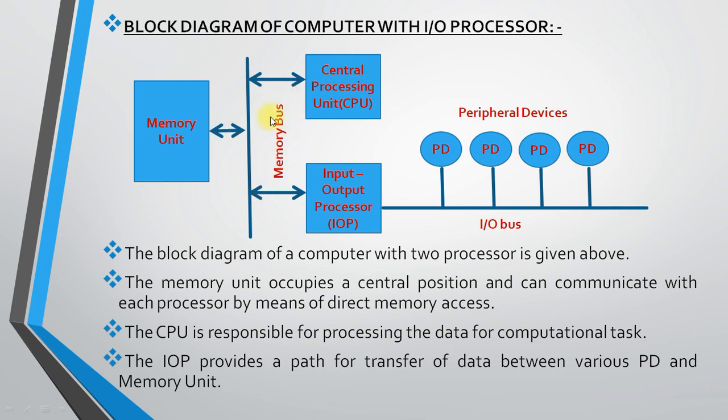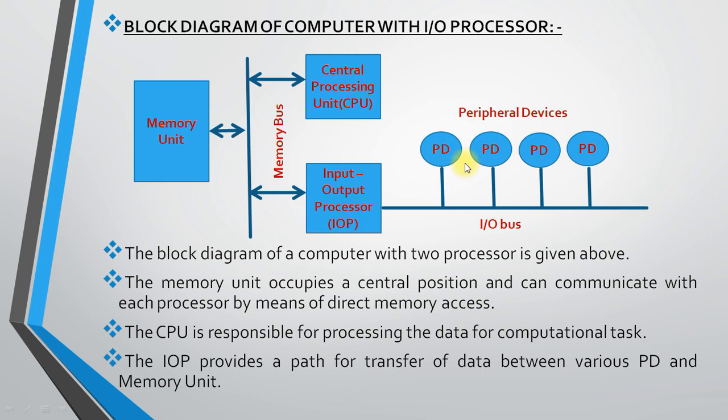Memory bus is a bus which transmits data from memory unit to CPU or CPU to memory unit. Similarly, with the help of the memory bus, you are able to transmit data from memory unit to IOP and IOP to memory unit. IOP is connected with the peripheral devices. Peripheral devices means input-output devices.